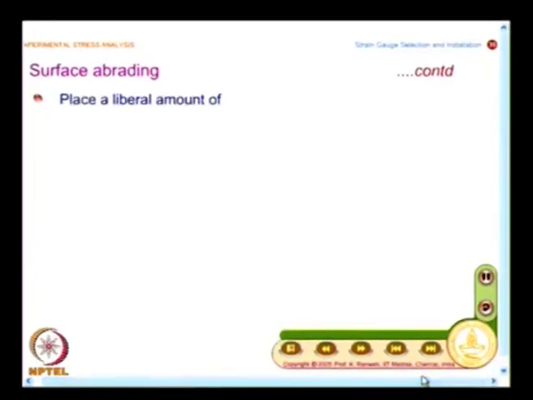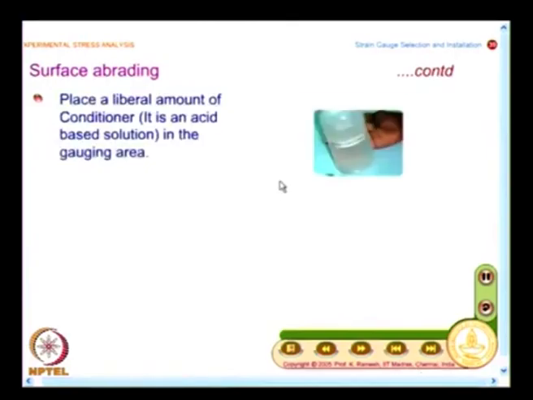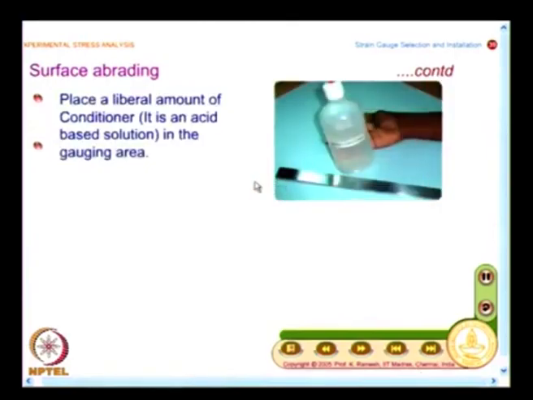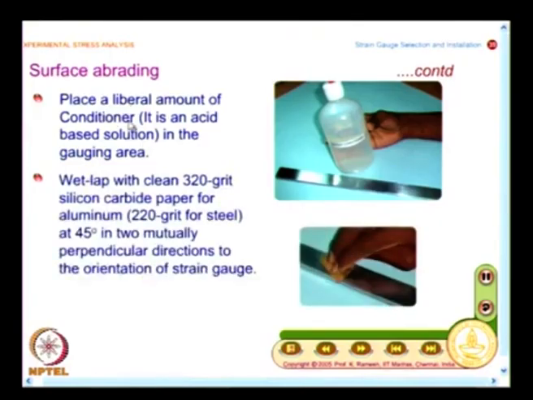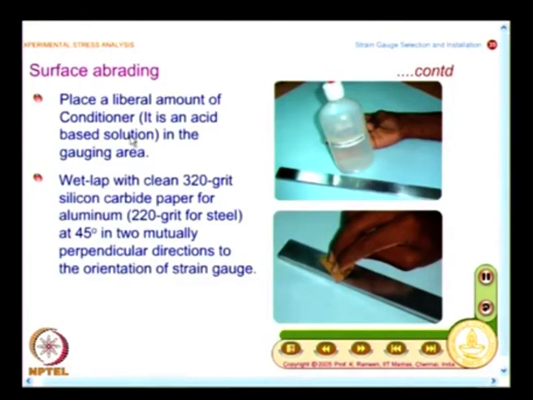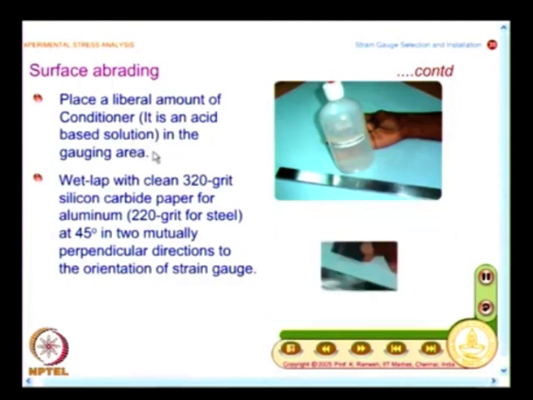And when you do this, you need to have a wet lapping process done. So, you need to put a liberal amount of conditioner, which is an acid based solution, in the gauging area.